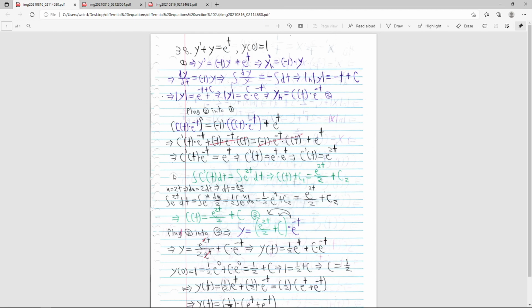So it's c prime of t times e to the negative t from the product rule, and then you have the derivative of e to the negative t times c of t, so negative 1 times e to the negative t times c of t. And that cancels out on the right hand side with negative 1 times c of t times e to the negative t.